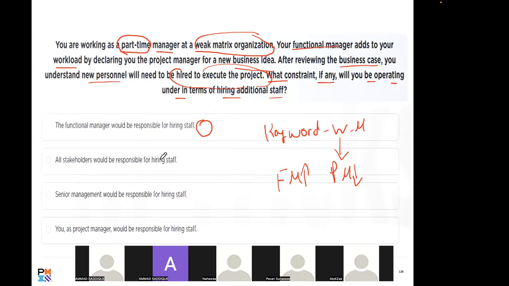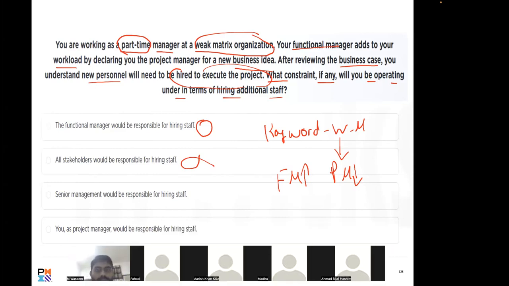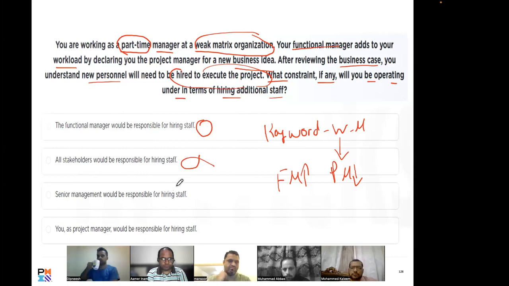All stakeholders are responsible? No, no, no. They are never responsible. So eliminated. Senior management is responsible? No. Senior management is never responsible for hiring, so I will eliminate that option. The project manager would be responsible if this was a projectized organization.